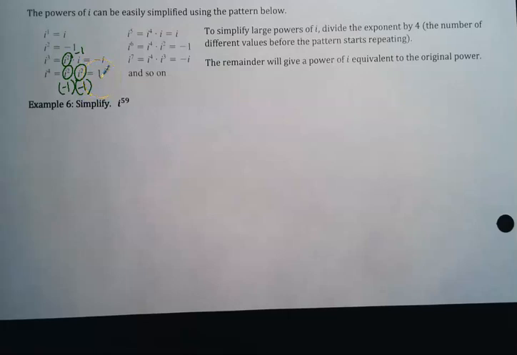So we've got this really cool pattern. i, -1, -i, +1. Then it keeps going and starts to repeat itself. i to the 5th equals i to the 4th, which we just discovered is 1, times i, so it's equal to i. Then i to the 6th is equal to i to the 4th, which is 1, times i squared, which is -1.